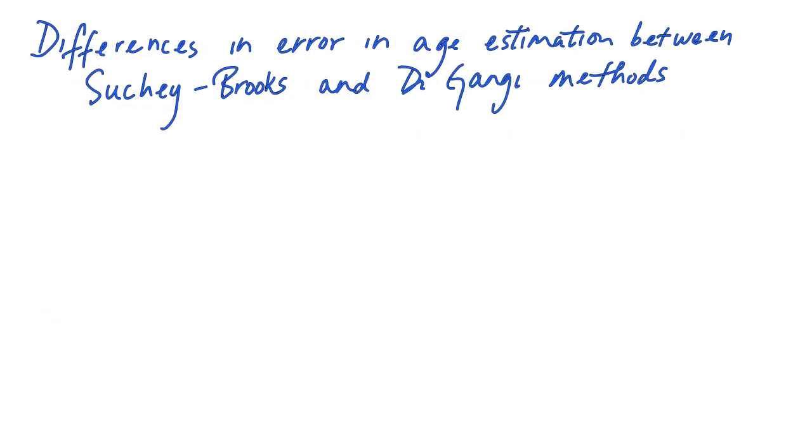As an estimate of the difference in the error in age estimation between the Saatchi-Brooks and the Dagrange methods, we have the sample mean of the differences, which was almost 7 years. Even better would be to include a range of plausible values for what this mean difference could be. And for this, we know how to construct a confidence interval.